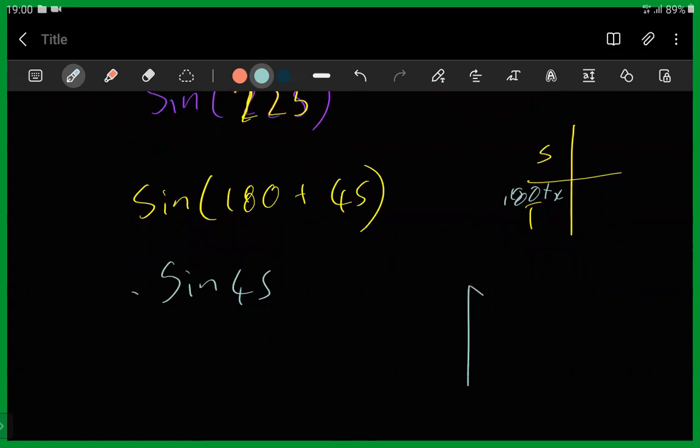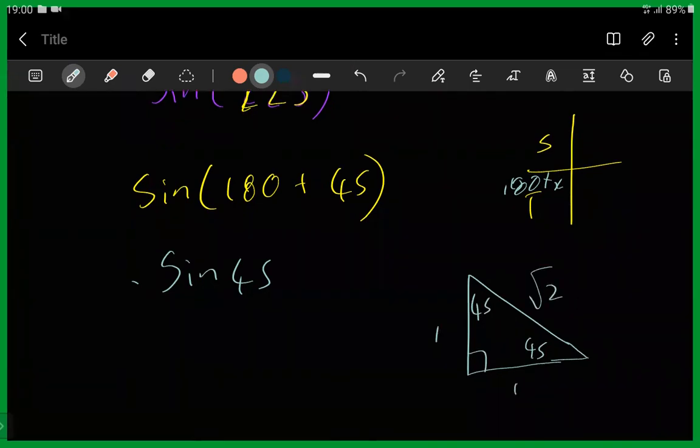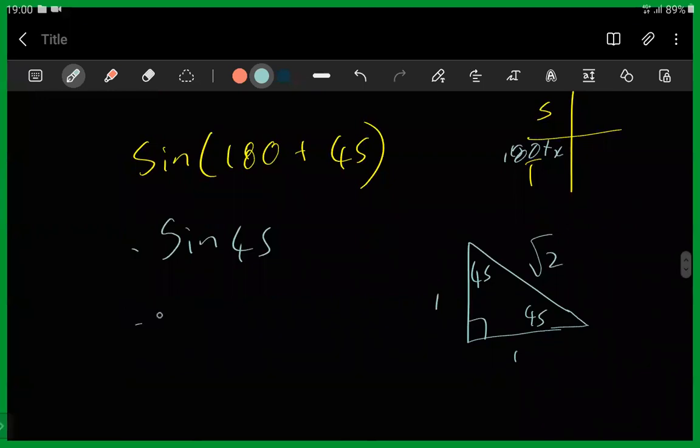Based on your special angles, the 45-45 triangle allows you to know exactly what this is as a number without using a calculator. Sine 45 is opposite over hypotenuse, which is 1 over square root of 2.